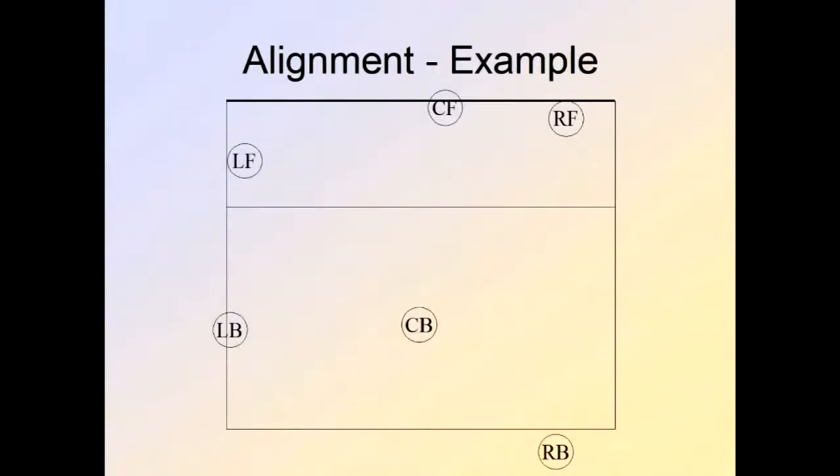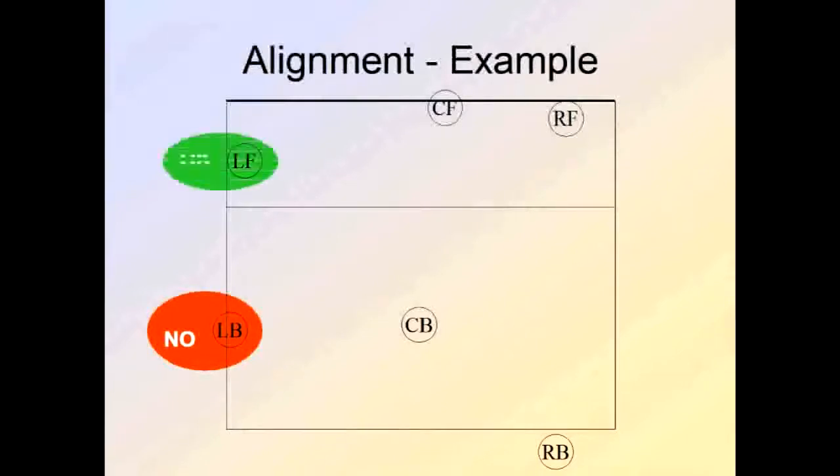In this slide, if you look at the left back, they have their foot over the line, so a part of their body is over the line, which is not permitted. If you look at the left front, their foot is on the sideline and is okay.